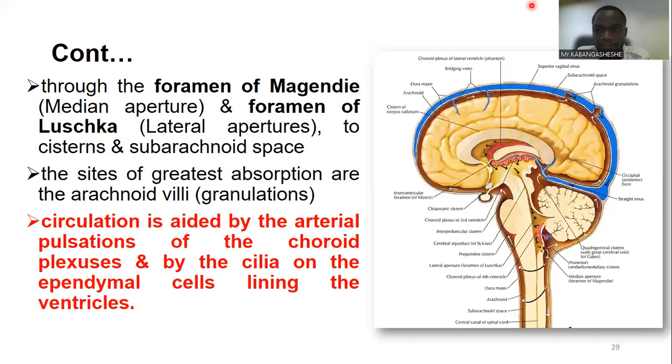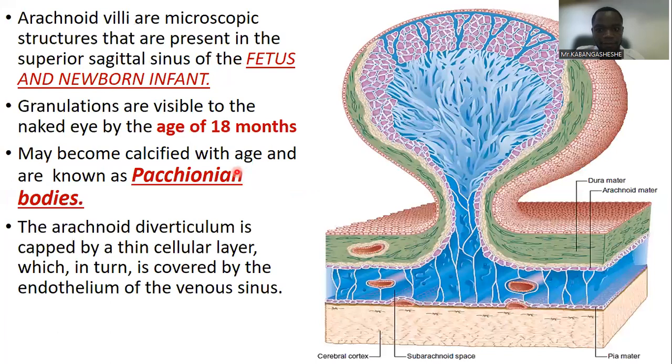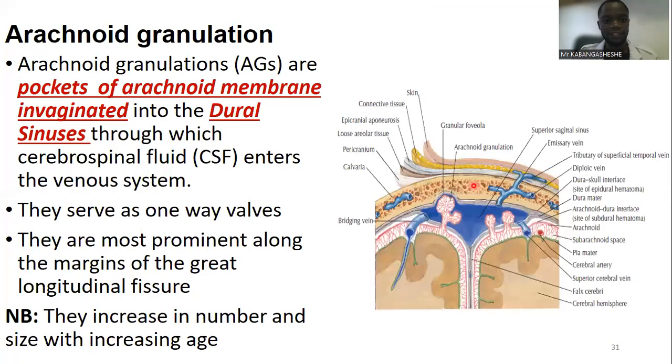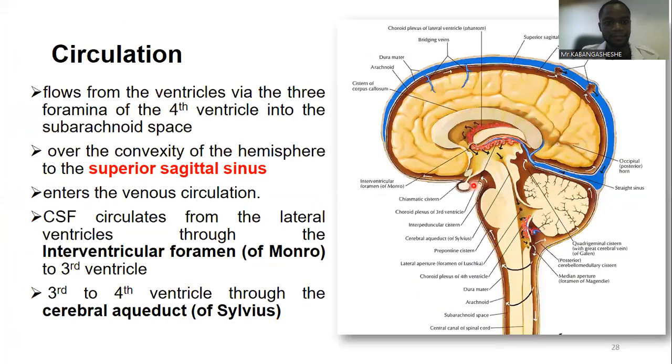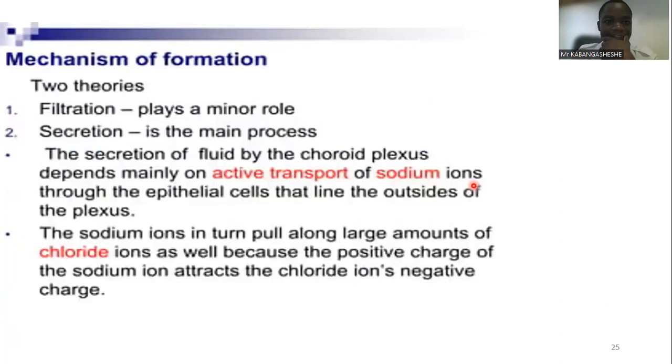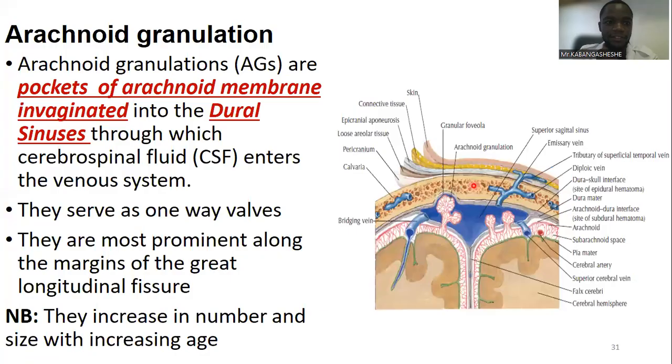Yeah, to reach that. Now, within the granulations, the arachnoid granulations, there are no valves, right? There are no valves. So the only assurance that cerebrospinal fluid will join the general circulation is that at any given time, the pressure of CSF is greater than the pressure of venous circulation.